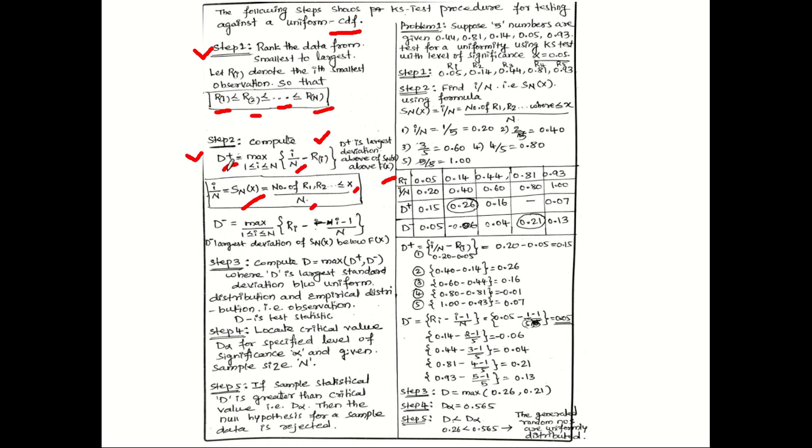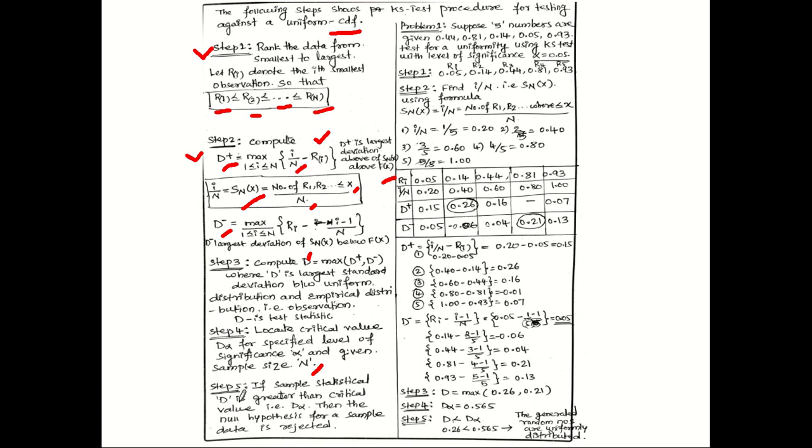After computation of d plus, we will compute d minus. After this, in step 3, we will identify the maximum deviation between the uniform distribution and the empirical distribution. And in the fourth step, we will locate the critical value for the specified level of significance alpha and given sample size n.